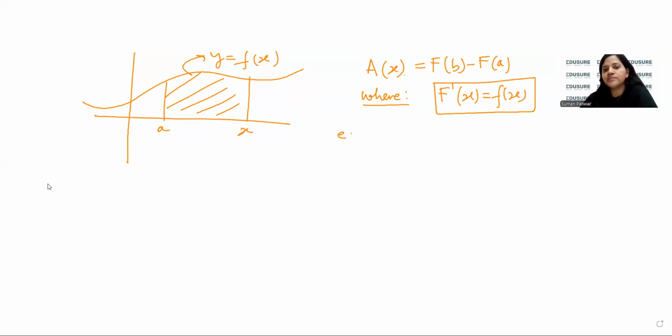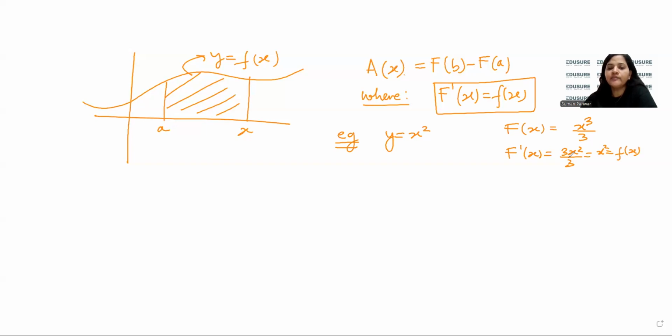The example we discussed was the function y equals x square. So if you took F(x) to be x cubed by 3, you noticed that F dash x was 3x square by 3, which is x square, which is f(x).